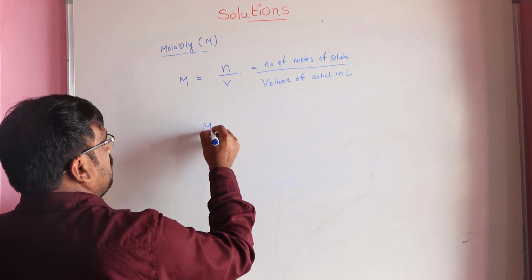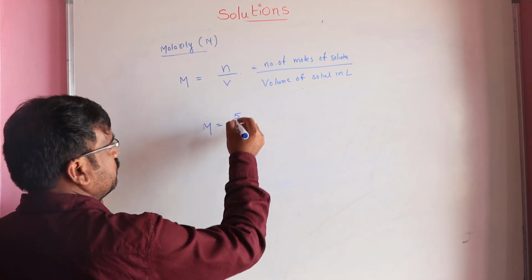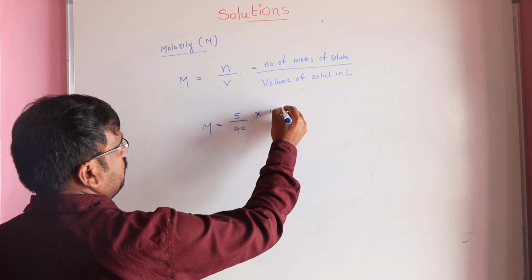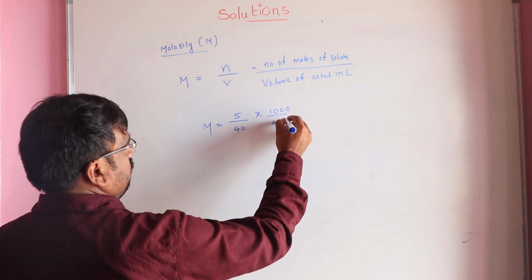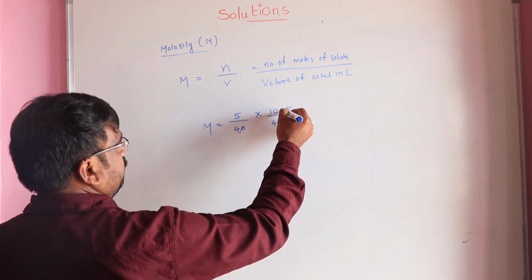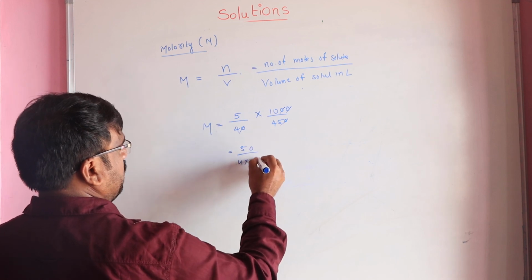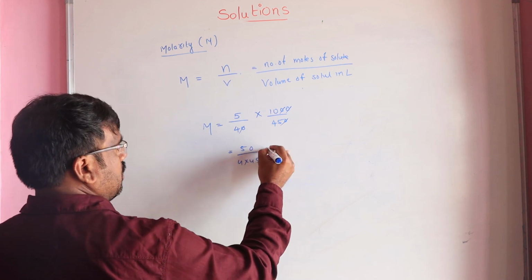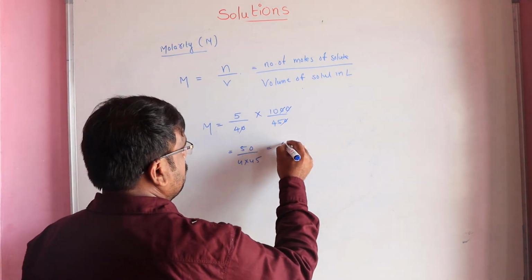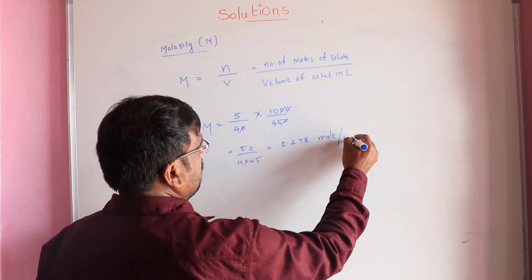Here, 5 grams of NaOH is the solute and its weight is 5 grams. NaOH molecular mass is 40, times 1000 by 450. If we simplify, 50 by 4 into 45, we get 0.278 mole per liter as our answer.